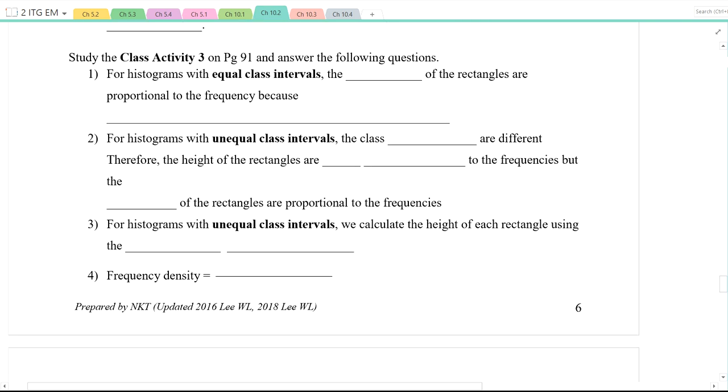Okay, so for histograms with equal class intervals, the heights of the rectangles are proportional to the frequencies because the class intervals have equal class width.